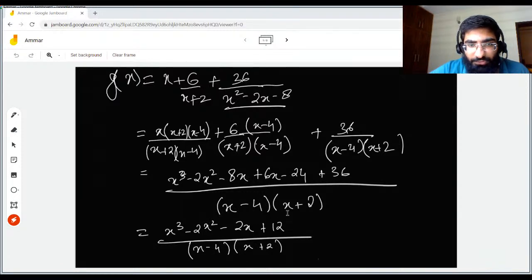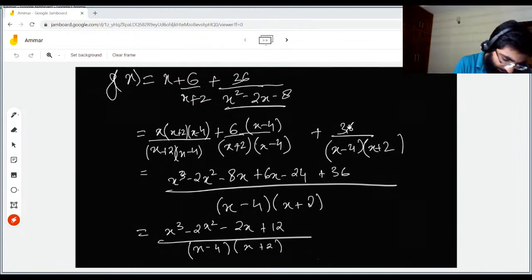So how do we do it with factor theorem then? Give me a second. Using factor theorem, to check whether x plus 2 is a factor or not, I will replace x with minus 2.